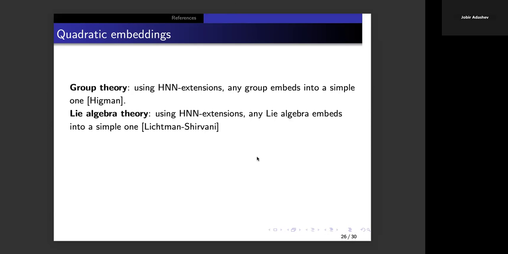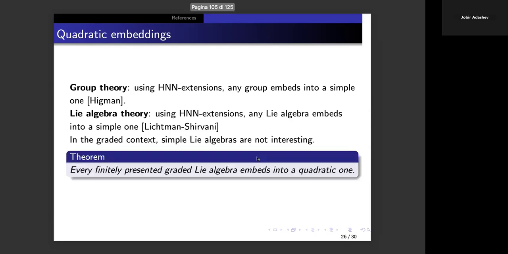However, we are doing graded Lie algebras, and in the graded case, simple Lie algebras are not interesting. This is because the only possible candidate for a simple Lie algebra in the graded context is the one-dimensional Lie algebra, which is not always considered a simple Lie algebra.